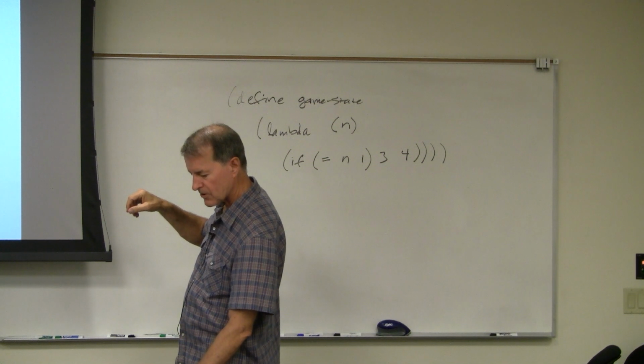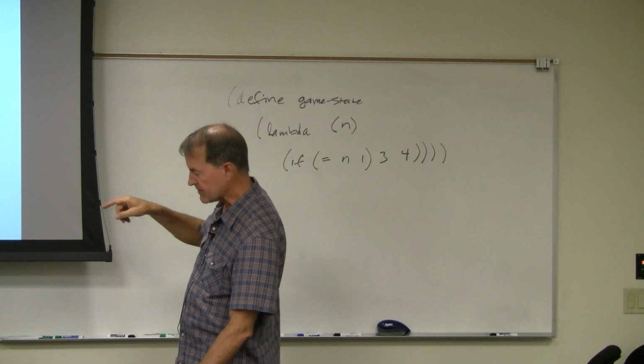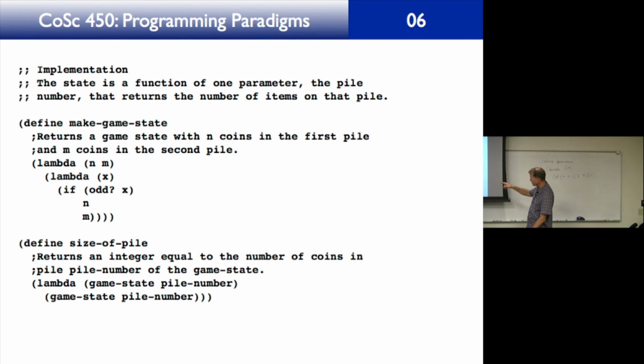We did write it with specific numbers, but the general one is make game state, which is the factory. So notice that this one is the general one. Right. Are you with me? When it calls it in size of pile, you should call it game state. Yeah, that's fine. It's just being passed as a parameter. The function is just being passed as a parameter.